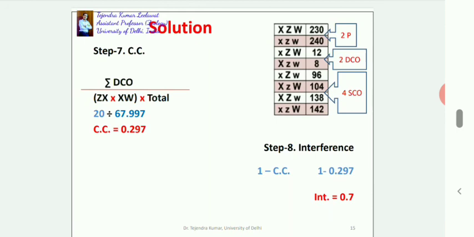So 20 divided by: from where do we get 20? 12 plus 8, because there are two double crossovers, 12 and 8, and both give 20.